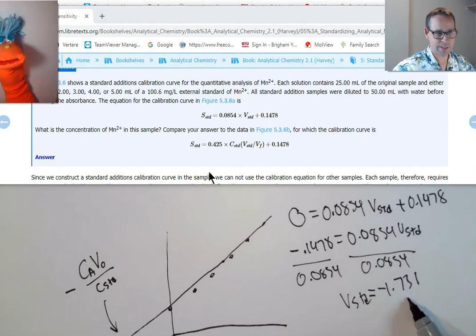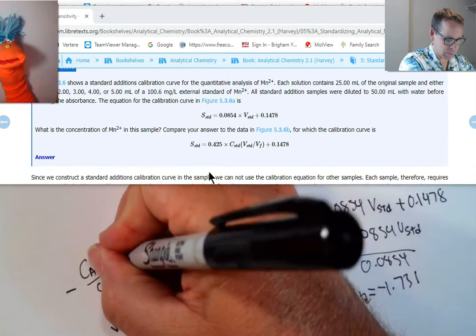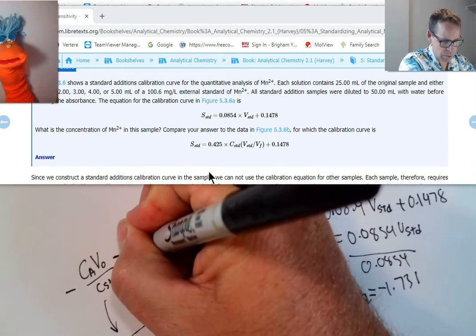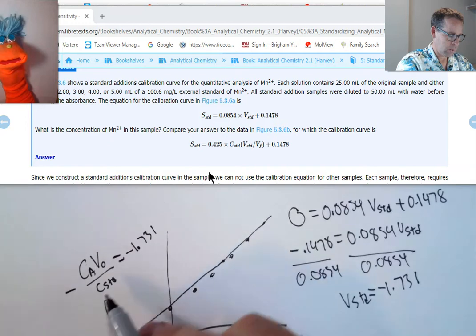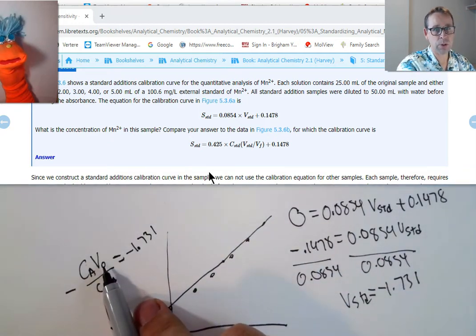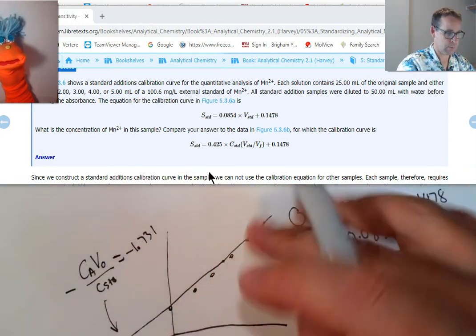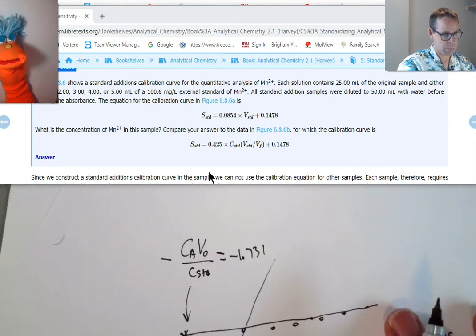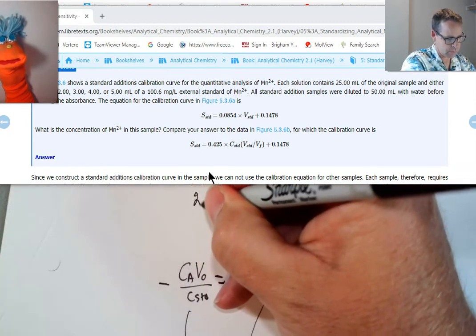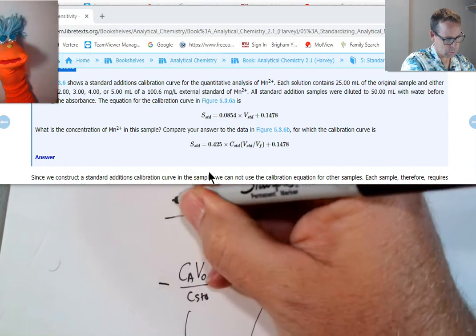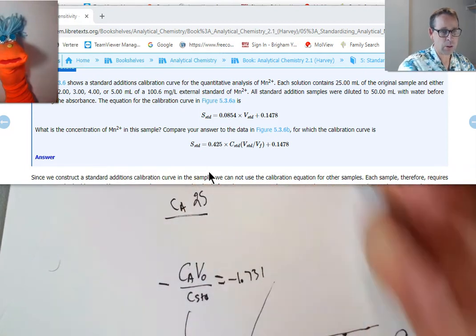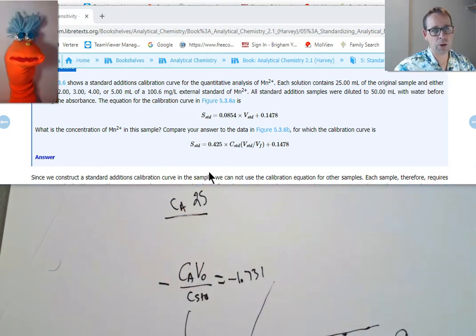So if this is our x-intercept, we can set that equal to this here, negative 1.731. We have our volume initial, which was 25. Let's solve this problem now. We want to know the concentration of our unknown, of our analyte.